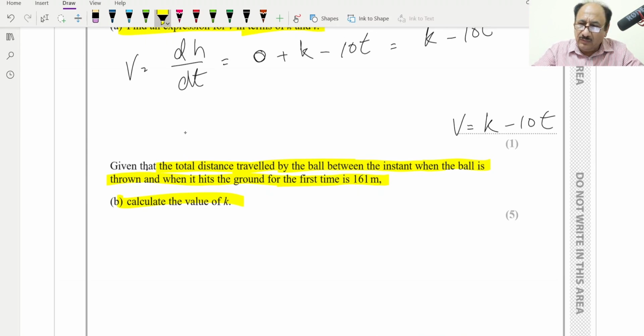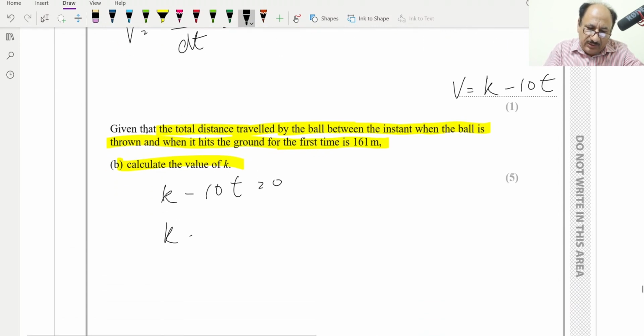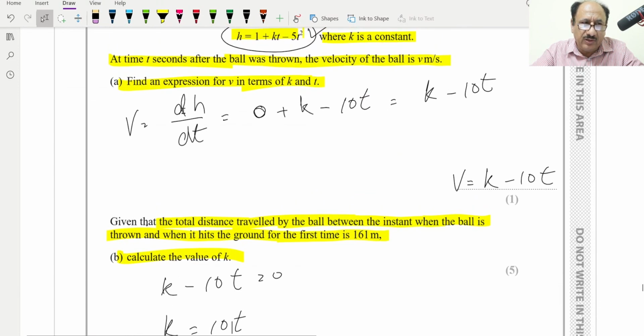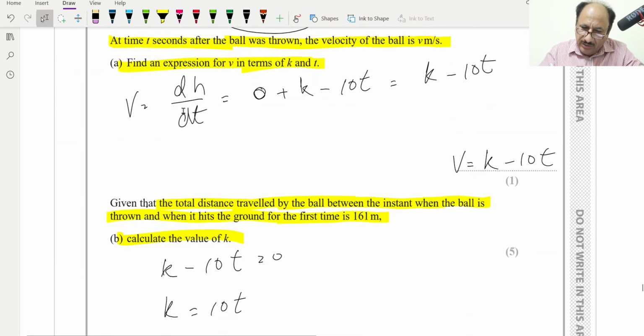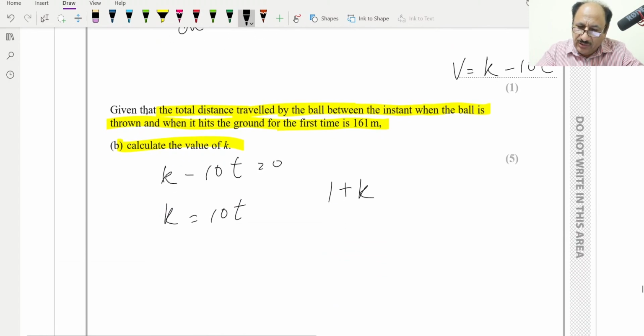So for this one, we can write velocity will be equal to 0, so it implies k minus 10t will be equal to 0, and we can write k is equal to 10t. And if we take this equation which is given, h, the height, will be 1 plus kt minus 5t squared.